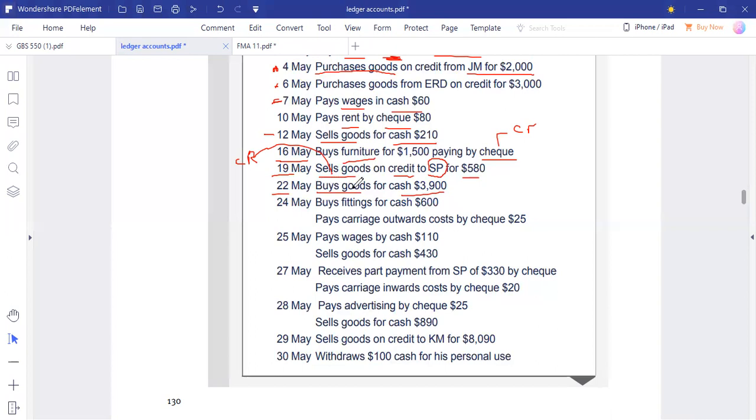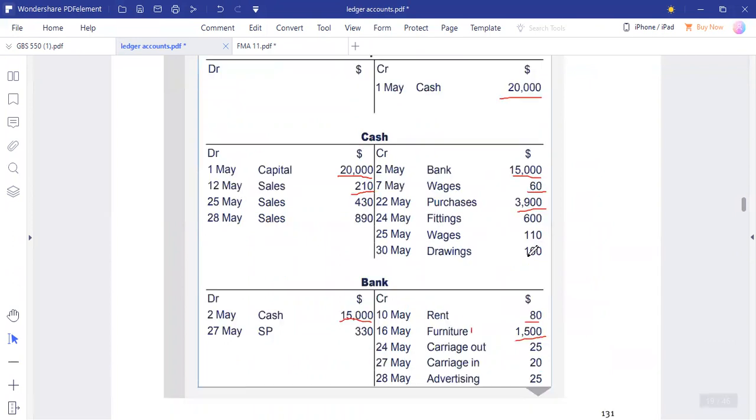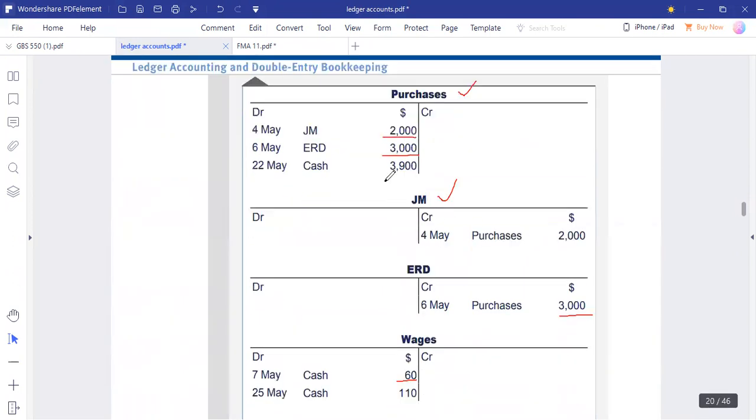So whenever we hear buying goods, that's a purchase account. Cash is paying out. Whenever we're buying goods, we're spending. So the cash account is giving out money. The purchase account is receiving goods. So when we go to the cash account, we'll go to the credit. So purchases, 3,900.